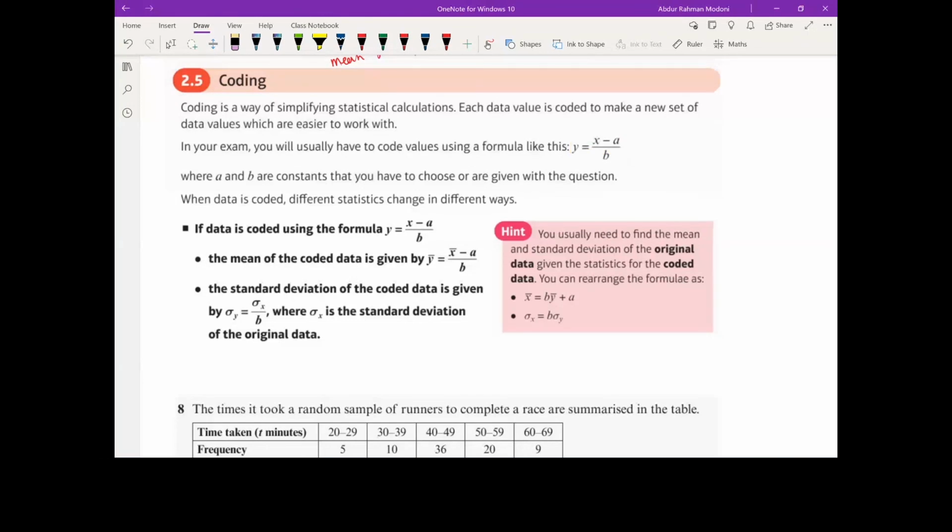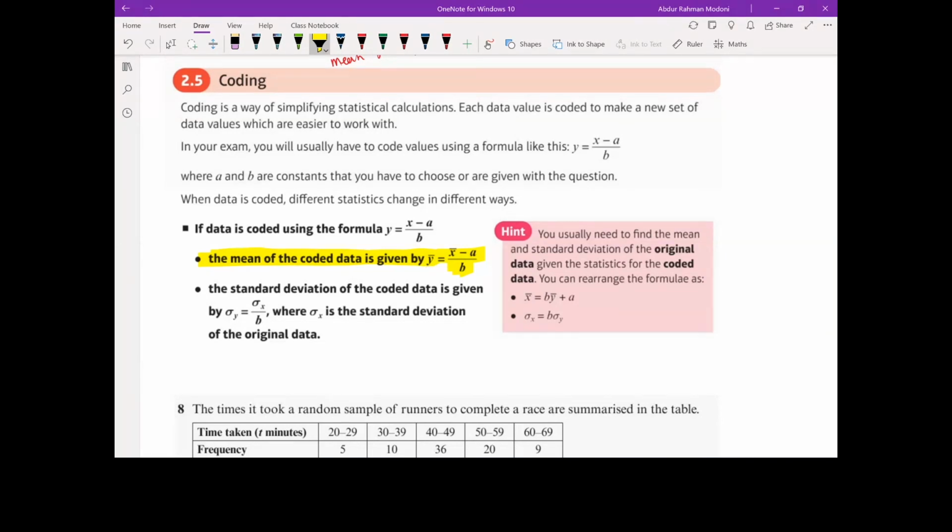So how does coding affect standard deviation and mean? They're the two main things that we need to know. If we had a mean and we multiplied it by something or divided it by something and subtracted something from it, then the mean of y would be affected in the same way.